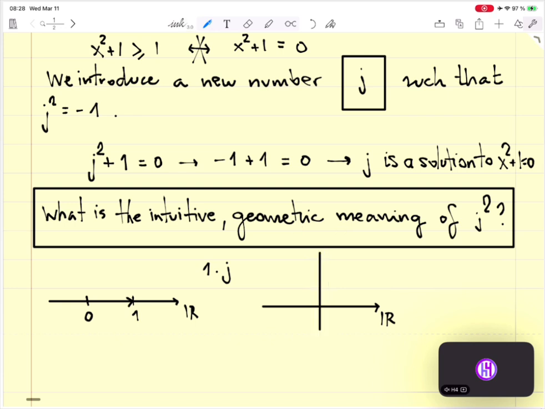So this is an intuition, and this is all we are doing right now. So we are turning this arrow 90 degrees to the left. So if you multiply 1 times j, what you're getting is a vector looking 90 degrees up.